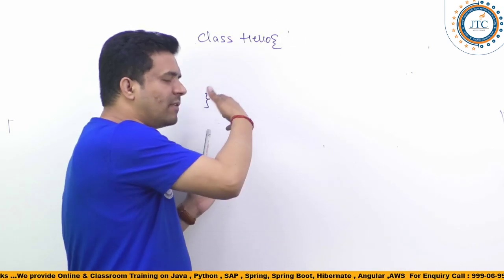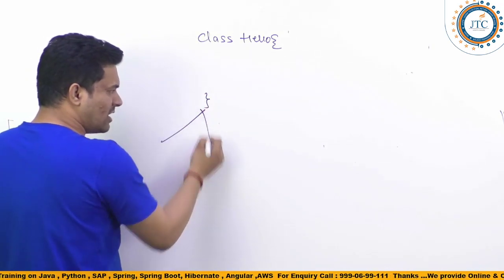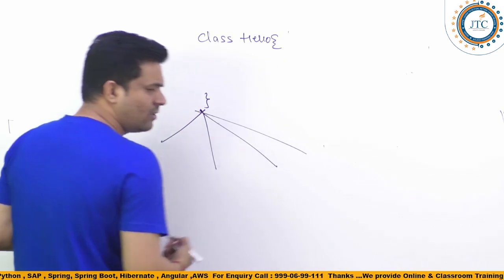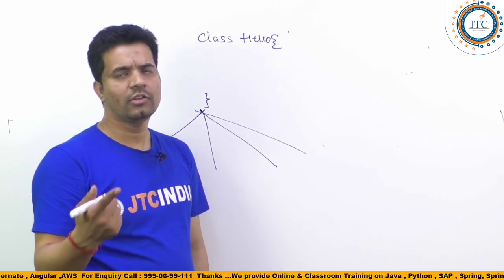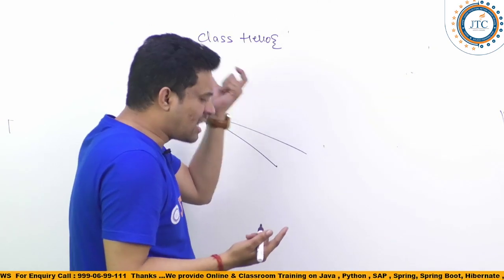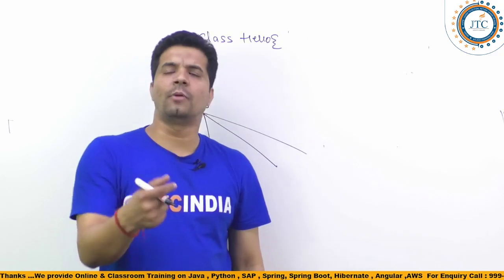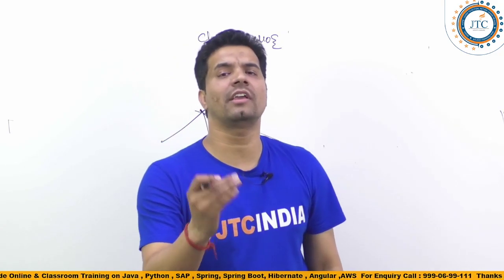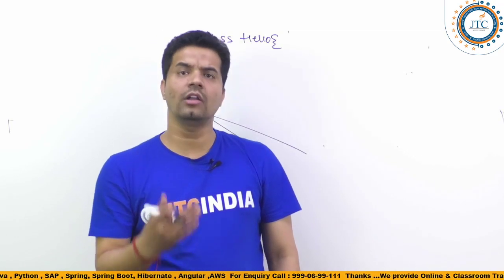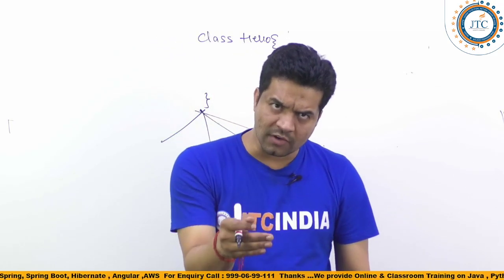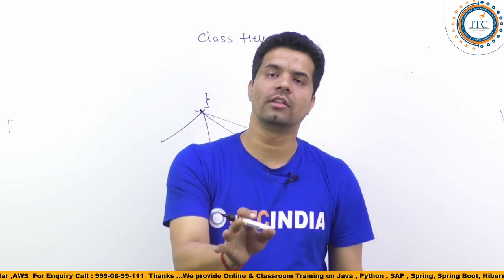What I want is that everyone should use it according to their requirement, but not everyone should create that object. The same copy of the object should be shared with everyone. That is my basic requirement: one copy of the object shared with all.